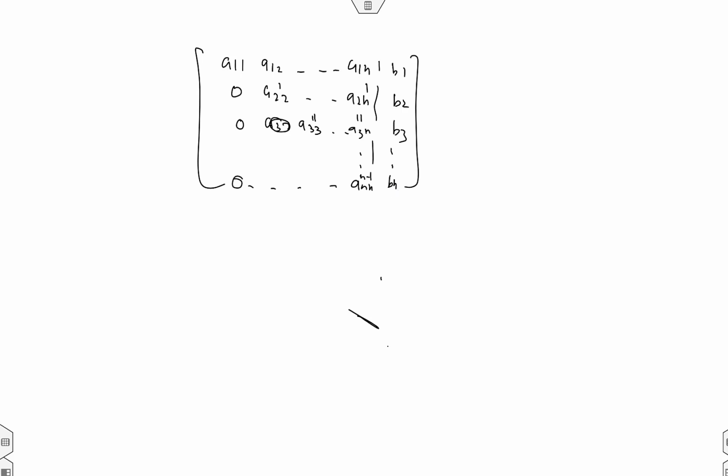Okay, now what you can do, you can write this in terms of Ax equal to B. So A is the matrix that is converted into the upper triangular matrix, and then if we write Ax equal to B, then what will happen? From the last row, what you are getting is Ann xn equal to Bn.